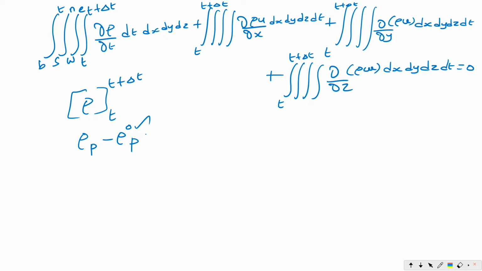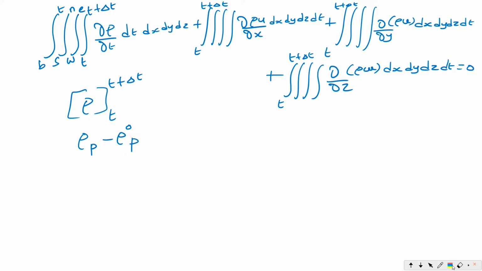That is what I told: a notation with naught indicates a known value and a notation without naught indicates an unknown value. So the first term is unknown, the second term is known. Both are the density at the same point p, but after a certain time. I hope you got it.